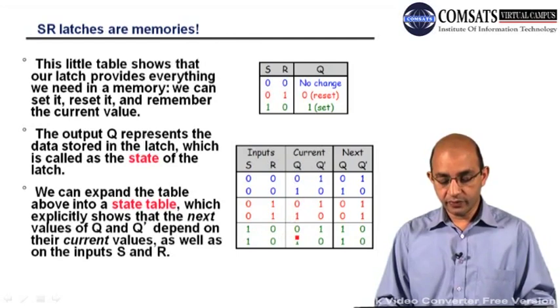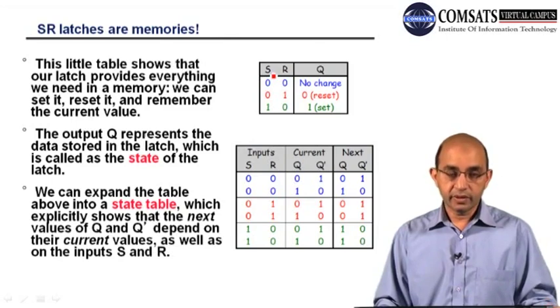So here we will again go for two cases. Q can be 0, or Q can be 1. Here you can see that in both cases we have 1 at Q because we are setting the latch.